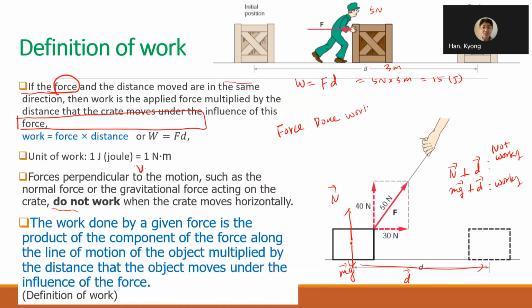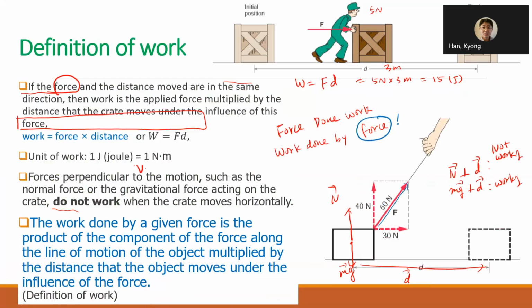When you talk about work, you have to specify the work done by a force. What force? That can be the gravitational force, sometimes the pushing force, sometimes the normal force. You have to specify what force worked. That is important. In this case, this pulling force works. This guy works, but only through its perpendicular component.